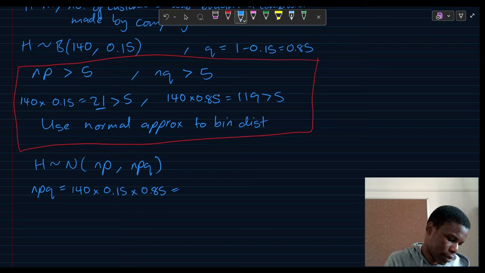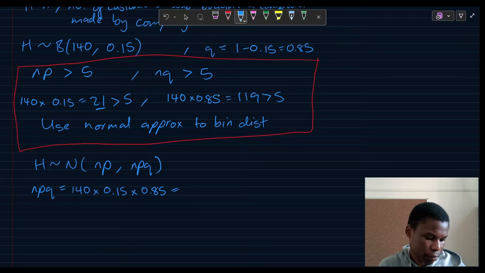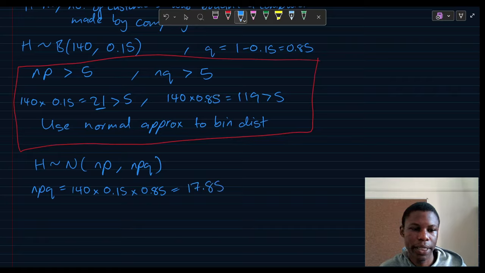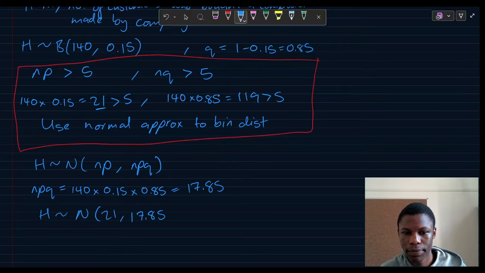So that gives us 17.85. So we know that H follows a normal distribution with mean 21 and variance 17.85.